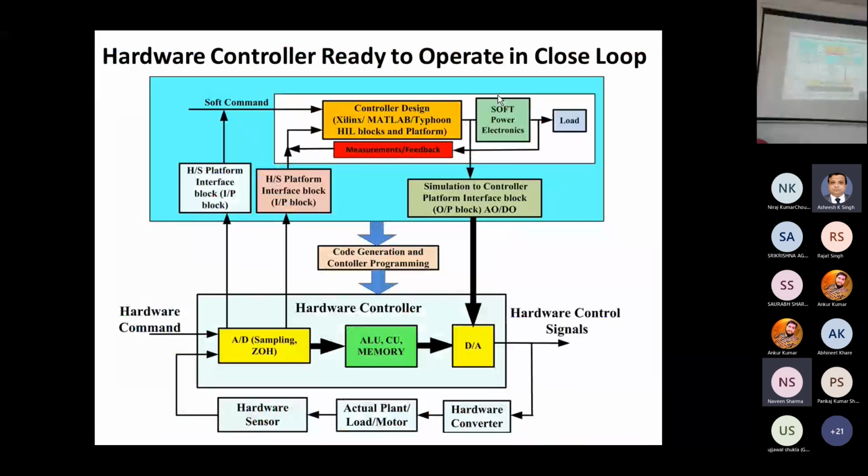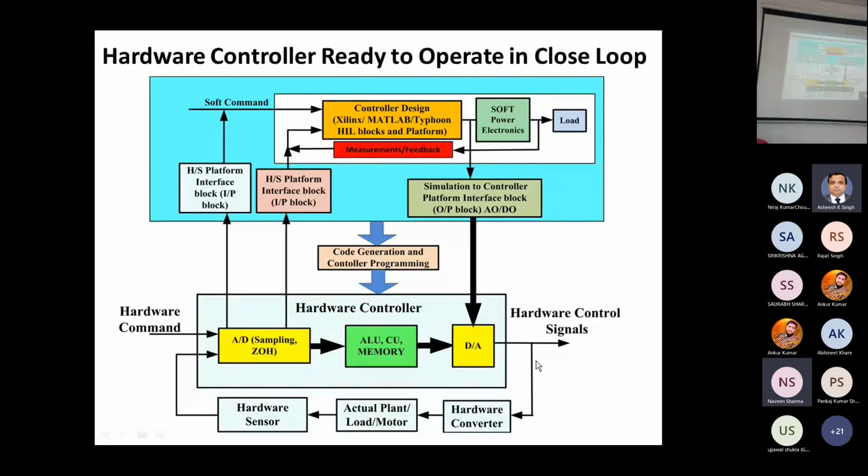system will be dumped into this whole hardware controller, and when the external command is given, the analog to digital converter, that is the sampling and hold process, provides the digital input to the controller, arithmetic logic and control unit, and then the output according to this control strategy goes to the digital to analog, and then it comes to the outside for switching or measurement.